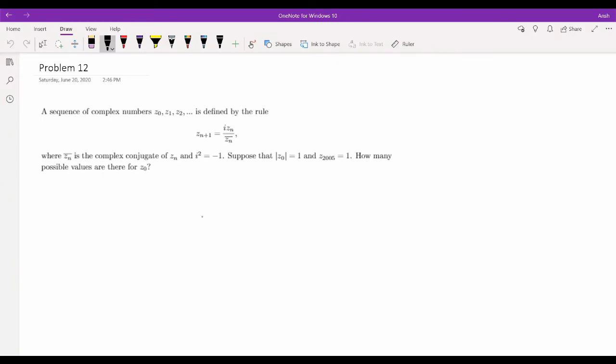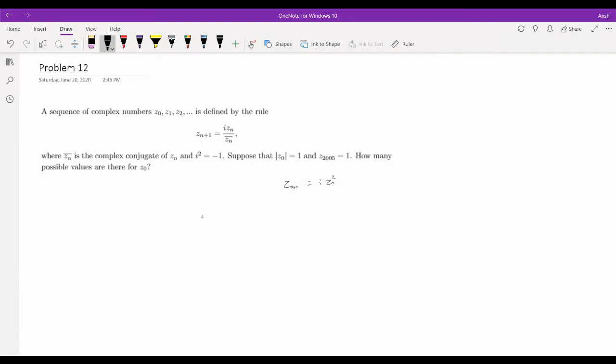So if we rewrite this, we have z of n plus 1 equals i times z of n times 1 over the conjugate of z of n, and that is just z of n, so this is z of n squared. That immediately makes this much less intimidating compared to the fraction with its conjugate. You can see how this algebraic manipulation is helping us advance with this problem.